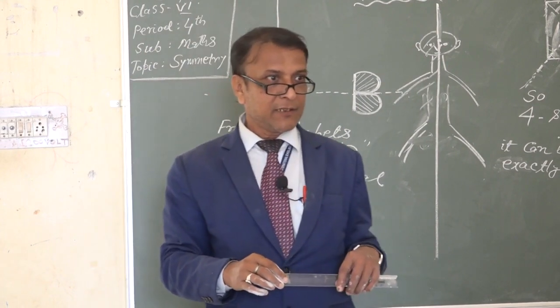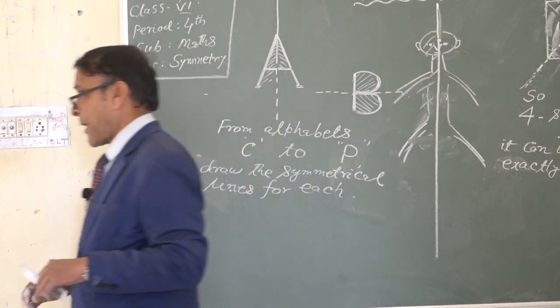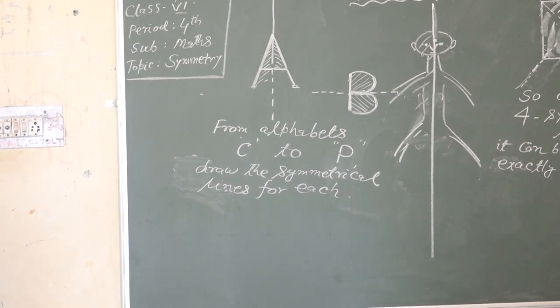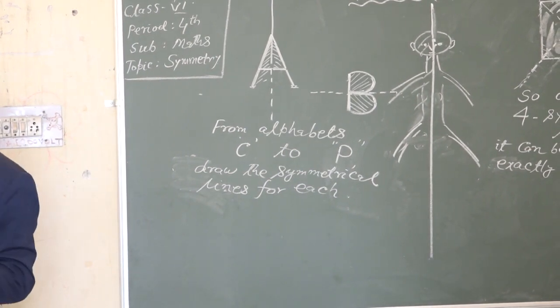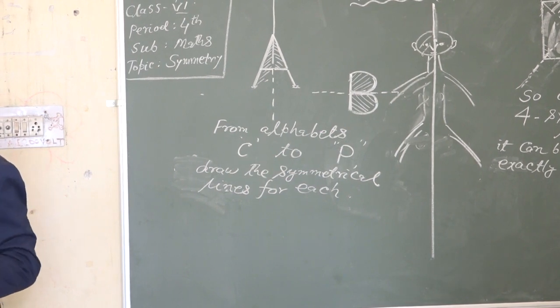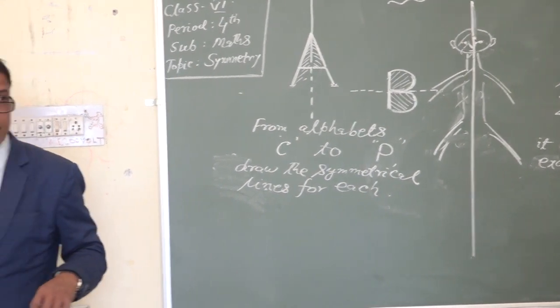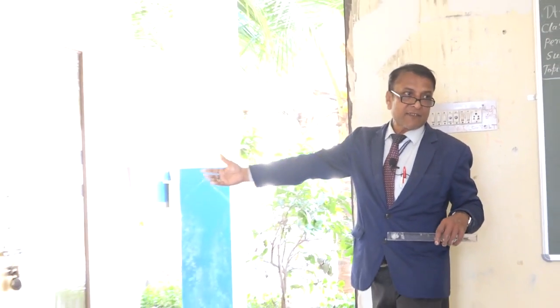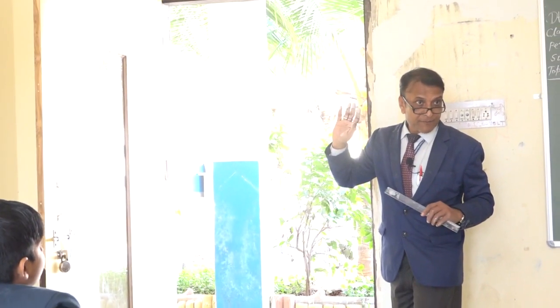And another thing, देखो, this is the mirror. I am in front of the mirror. Whatever distance I am from the mirror, the same distance my image will be formed.